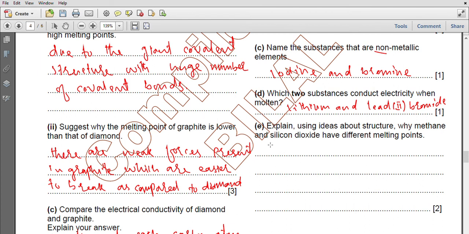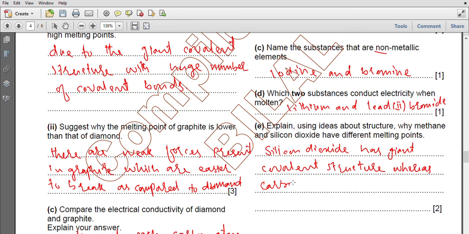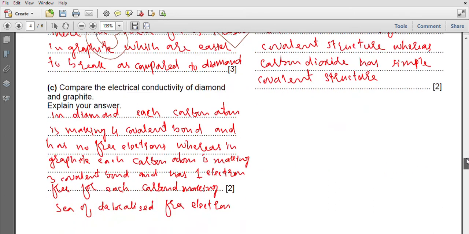So simply we can say that silicon dioxide has a giant covalent structure, whereas carbon dioxide has a simple covalent structure. Got it? So this is all about page number 4.